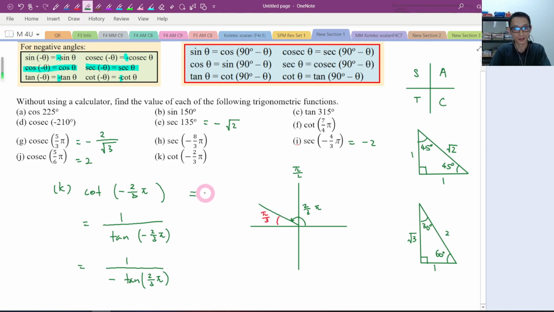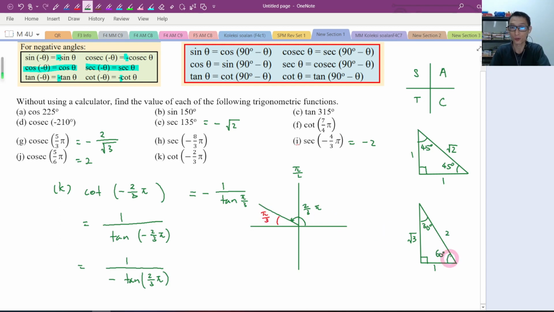Now let me copy the negative, write the negative in the middle of the fraction. 1 over tangent pi over 3. And if you remember what I told just now, you can get the angle easily. Pi over 3, you just see the pi is 180 degrees. 180 degrees divided by 3, which is equal to 60 degrees.